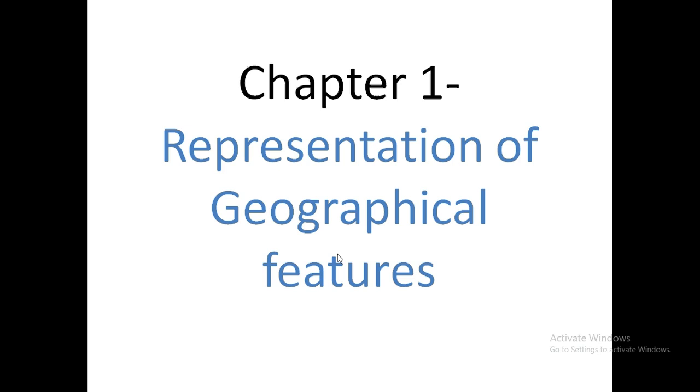In the previous video, we have already covered a few topics: the definition of a map, the three different ways of indicating the scale of a map, how to calculate the representative fraction, the definition of a topographic map, and locating features on topographic maps.